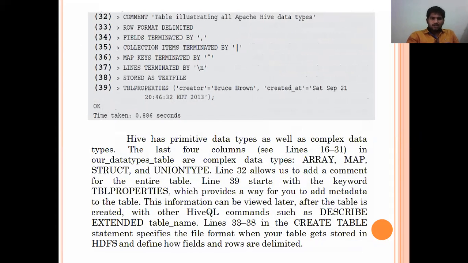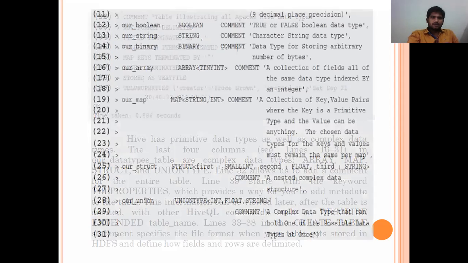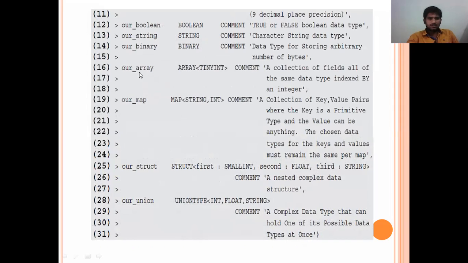So Hive provides both complex types and primitive types. The last four in the columns, line 16 to 31. So I told you, 16 to 31. Here we have a group of data, that is data. Here the map: two different types of data.